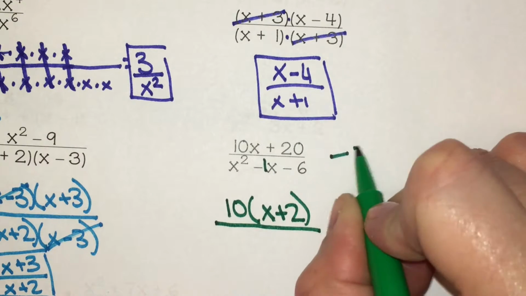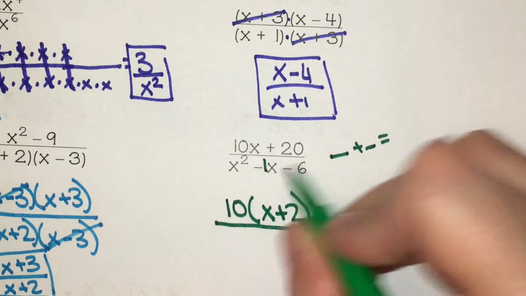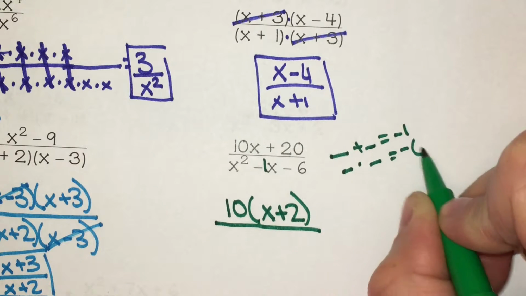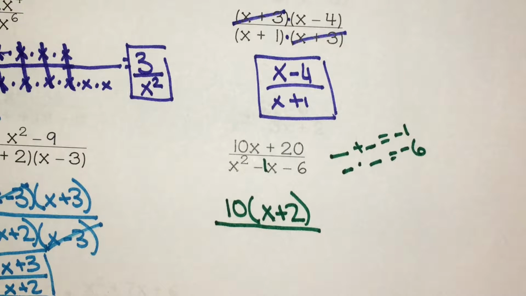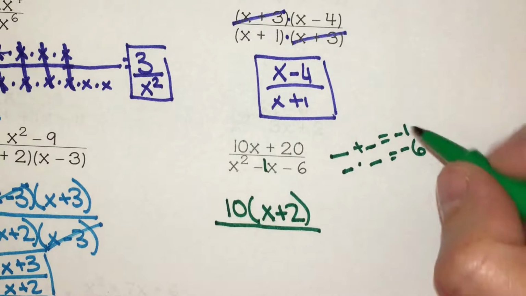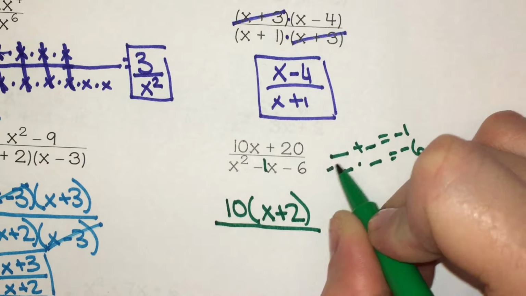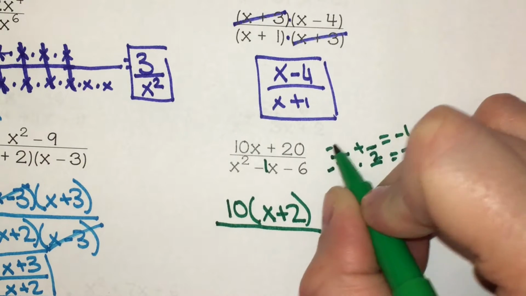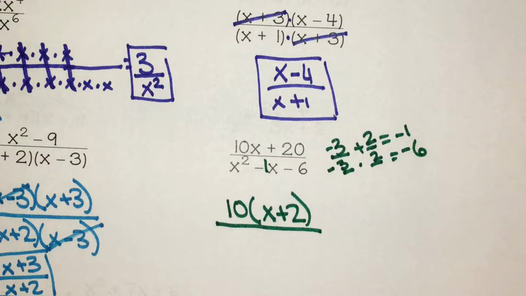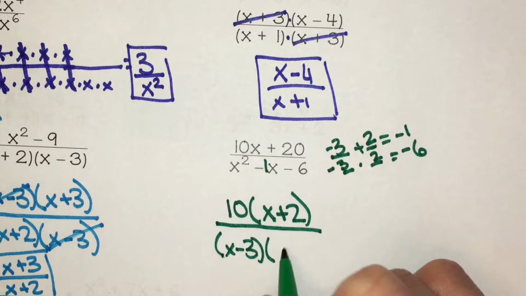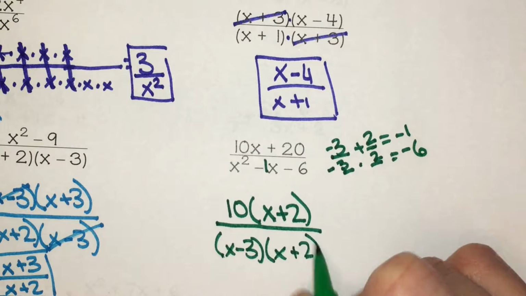So I have to figure out what I add together to equal negative 1 and what I multiply together to equal negative 6. Let's see, negative 3 and positive 2 would work. So on bottom I have x minus 3 times x plus 2.